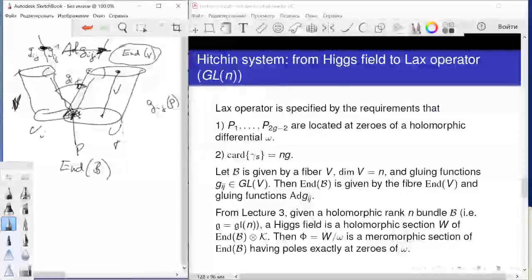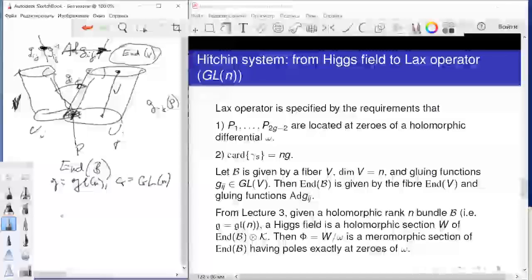You can have a look at lecture 3 and see that the definition of the Higgs field given there can be interpreted in these terms, in the particular case of G equal to GLn.